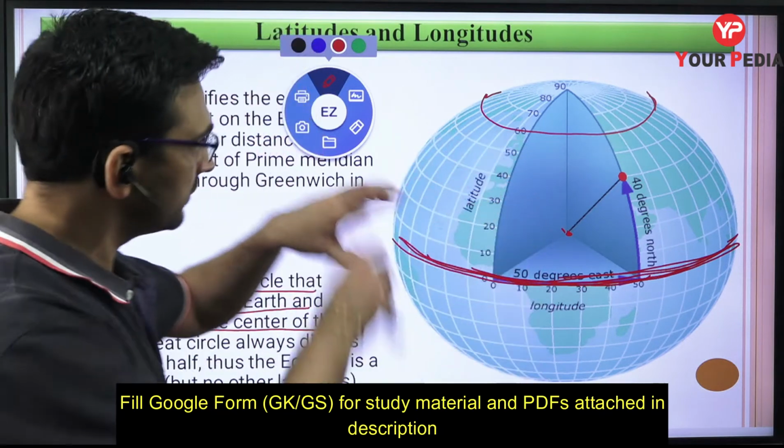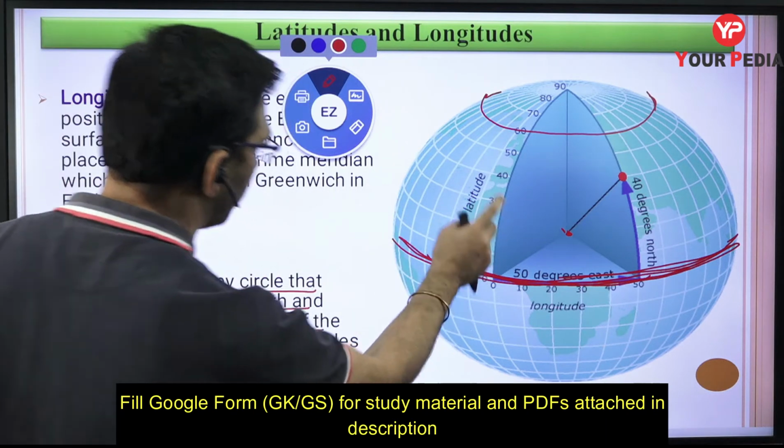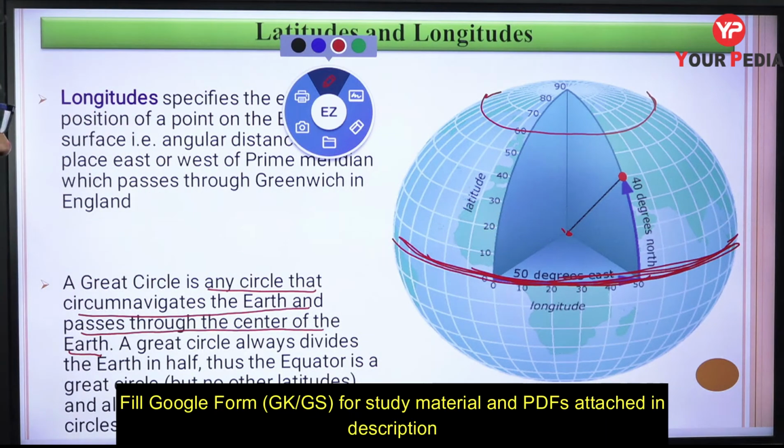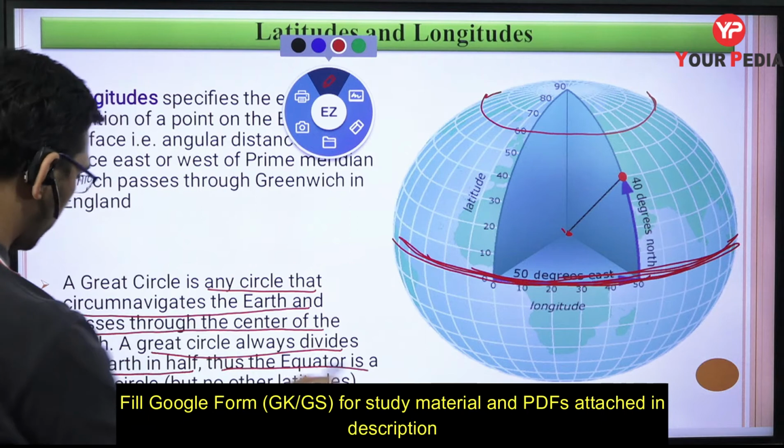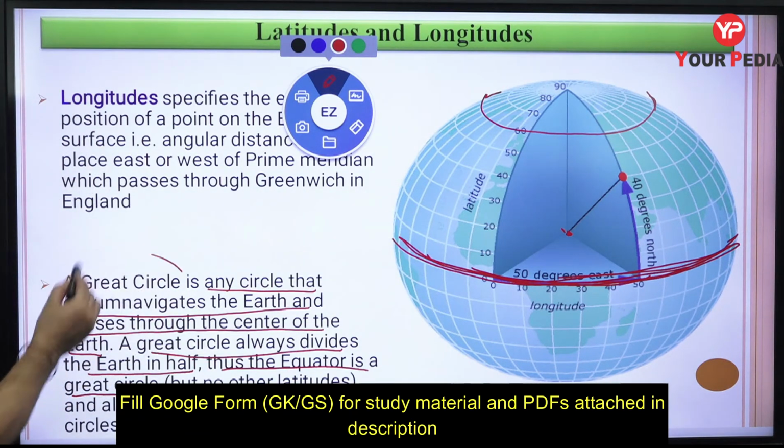So all the meridians forming the circles will be great circles, and therefore you're going to have the equator as a great circle. A great circle always divides the earth into half. Thus the equator is a great circle, but no other latitude is going to be a great circle, take note.